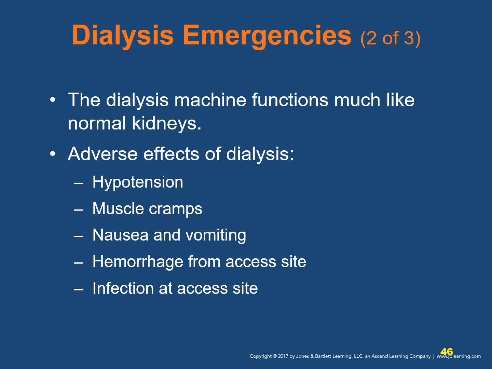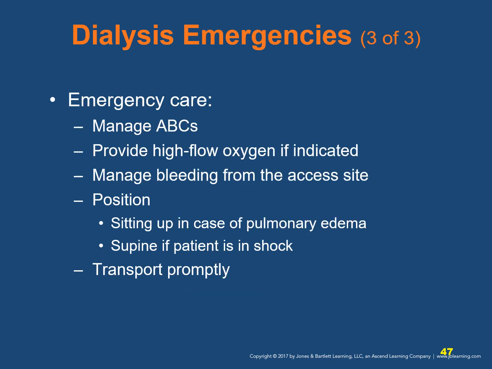Adverse effects of dialysis are hypotension, muscle cramps, nausea and vomiting, hemorrhage from the access site, and infection at the access site. If your call involves a patient on dialysis, start with the ABCs.